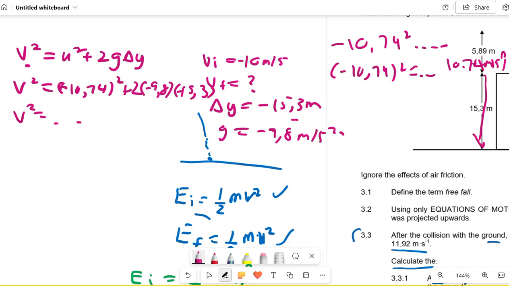Okay, that's V. Are we using our calculators or are we just watching? I feel like we're not using our calculators. Let's use our calculators.